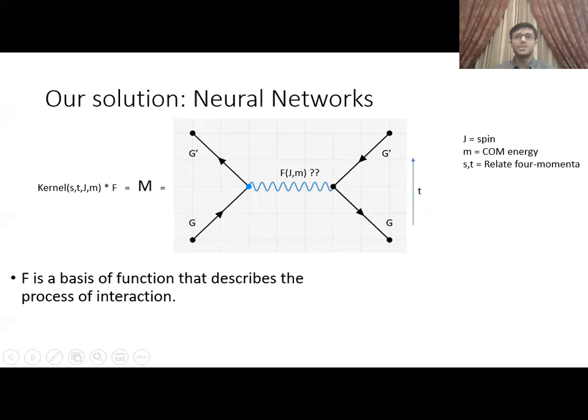Our inspiration was taken from the fact that machine learning has been successfully used in string theory and quantum field theory. And our novelty is that machine learning hasn't been used to model unknown interactions. As far as we know, we are the first ones to use neural networks in quantum scattering.